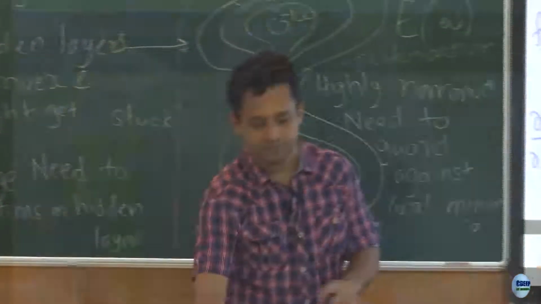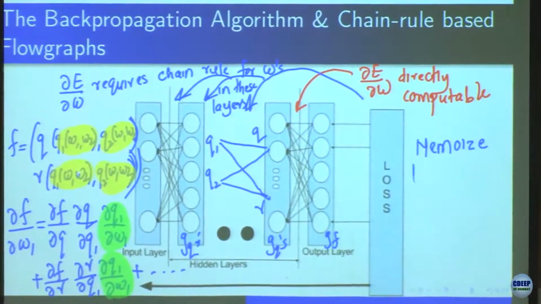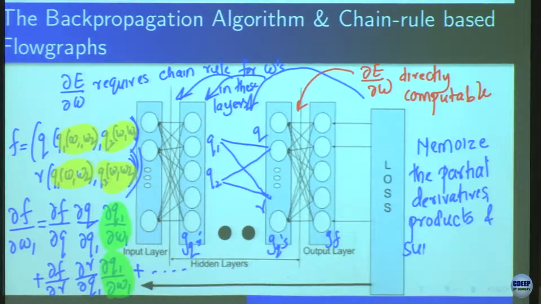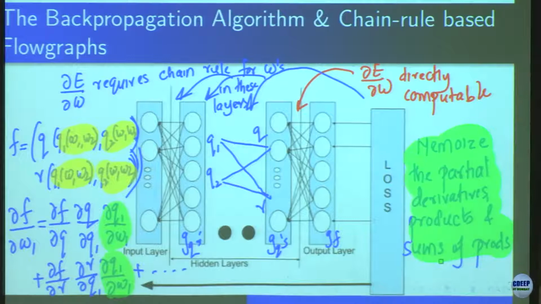It's a huge thing. So memoize the partial derivatives, products, and sums of products. It's not just products, you can do memoization of sums of products as well. This is the second part.